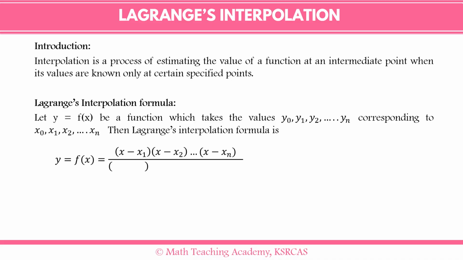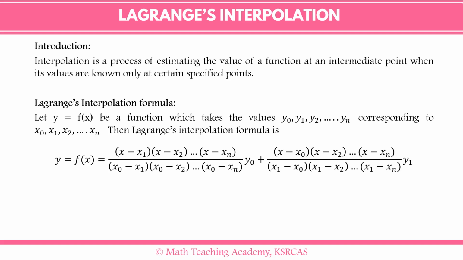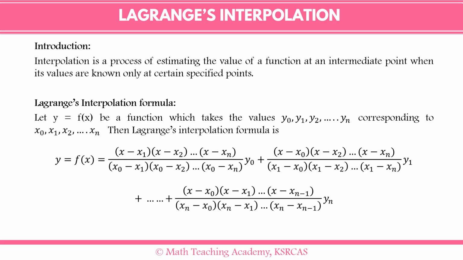Then Lagrange's interpolation formula is y equal to f of x equal to (x minus x1)(x minus x2) etc. (x minus xn) divided by (x0 minus x1)(x0 minus x2) etc. (x0 minus xn) into y0, plus (x minus x0)(x minus x2) etc. (x minus xn) divided by (x1 minus x0)(x1 minus x2) etc. (x1 minus xn) into y1, plus etc., plus (x minus x0)(x minus x1) etc. (x minus xn minus 1) divided by (xn minus x0)(xn minus x1) etc. (xn minus xn minus 1) into yn.